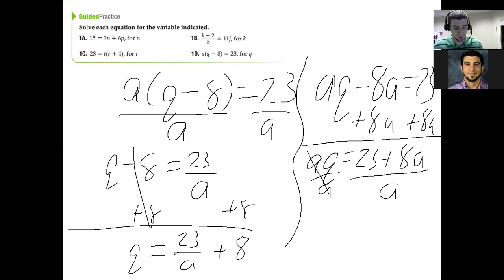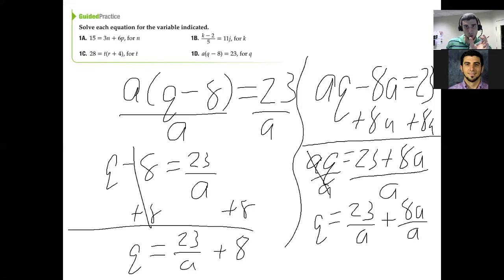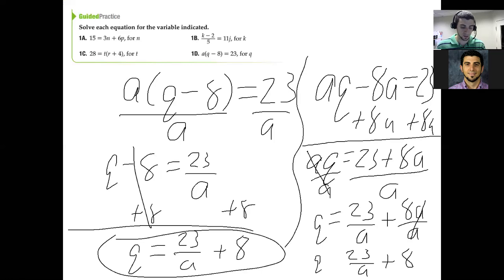And then q equals 23 over a plus 8a over a. All right, since it's just over a, you can break it apart into 2 fractions with the common denominator of a. And then these a's would cancel, because it's a divided by a, and you would have 23 over a plus 8 again. All right, so either way, you're going to get the same answer.